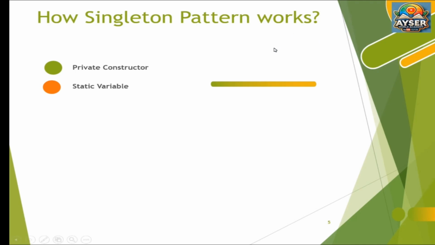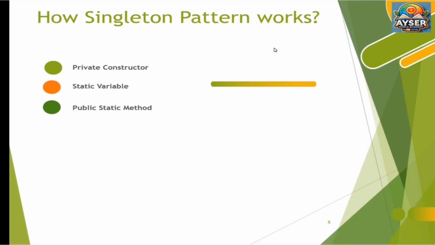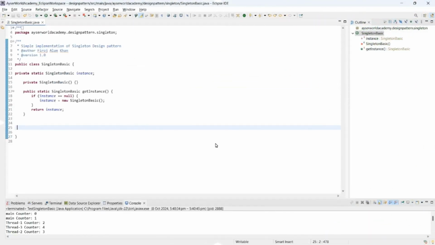So we have to expose a utility method, a public static method. Now these are the three main fundamental concepts when creating a singleton design pattern. By using these, we are able to create the singleton design pattern class.